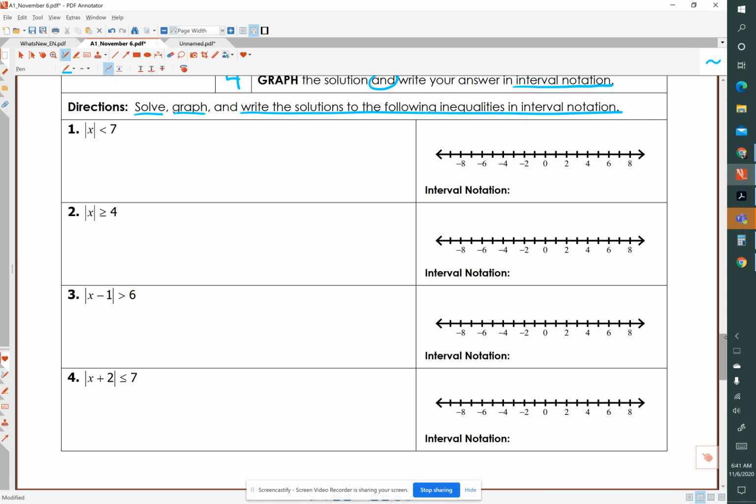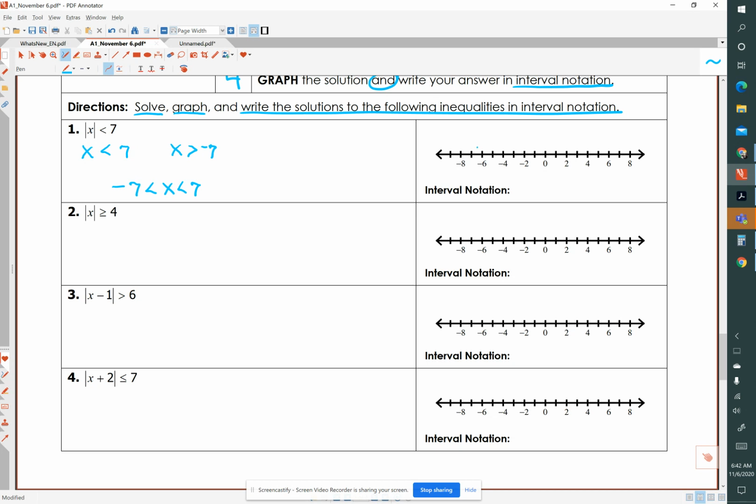So we have the absolute value of x is less than 7. So we'll make our two cases. x is less than 7. x is greater than -7. So we'll write our answer out. -7, we'll use that shorthand that we learned yesterday, is less than x, and x is less than 7.